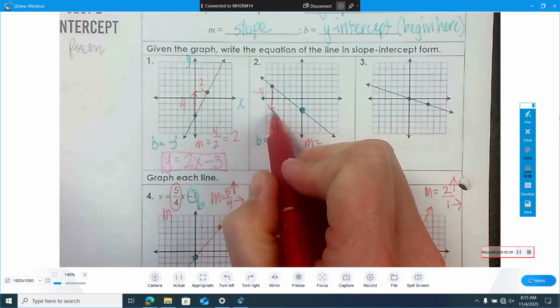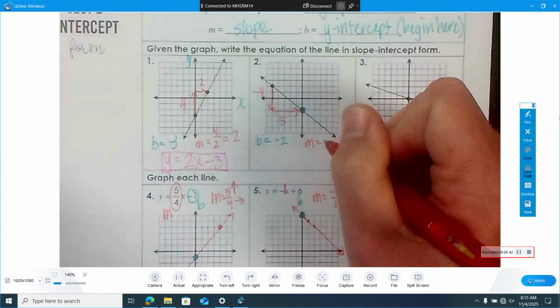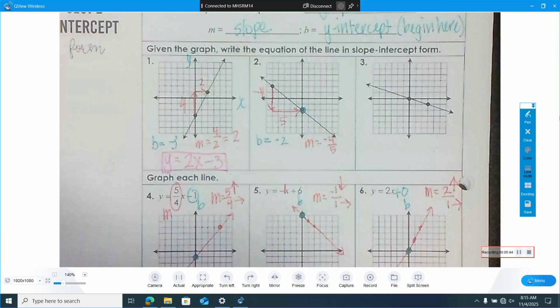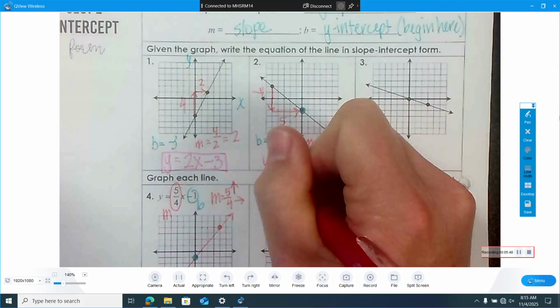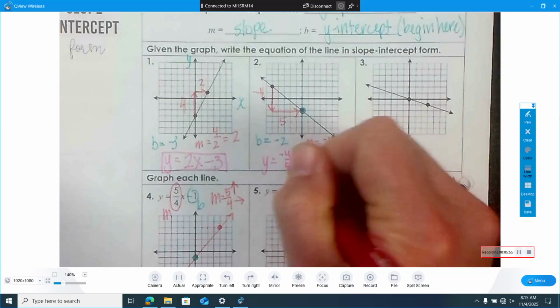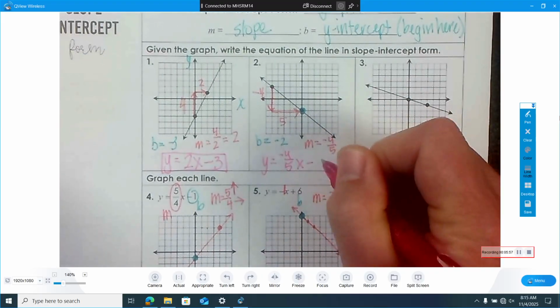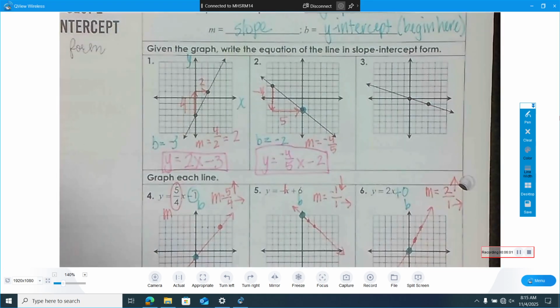And then over, right, 1, 2, 3, 4, 5. All right, so my slope is down 4, right 5, slope of negative 4/5. So what's my equation going to be? Y equals negative 4 over 5x minus 2. Y equals mx plus b. So plugging in the m, plugging in the b.